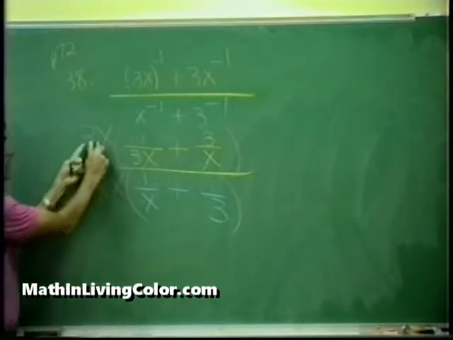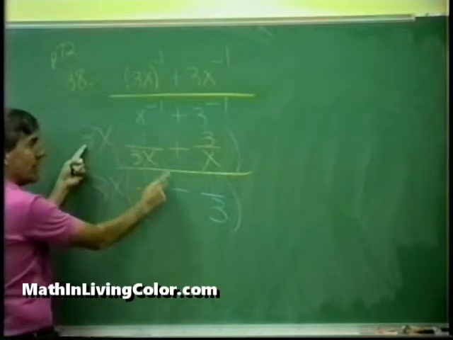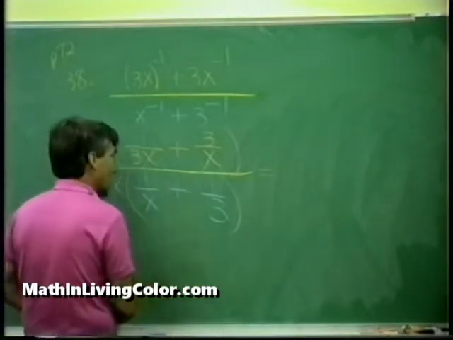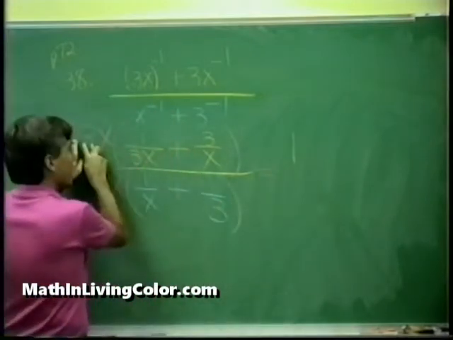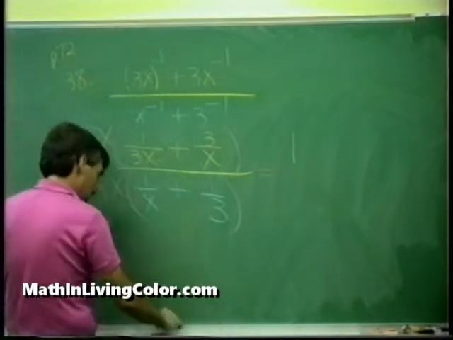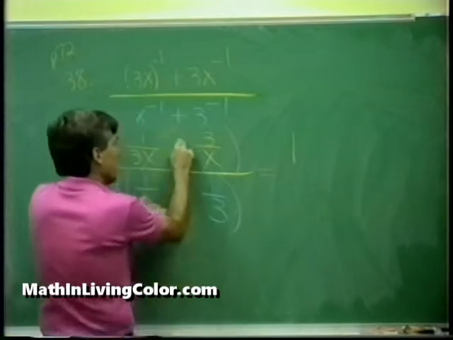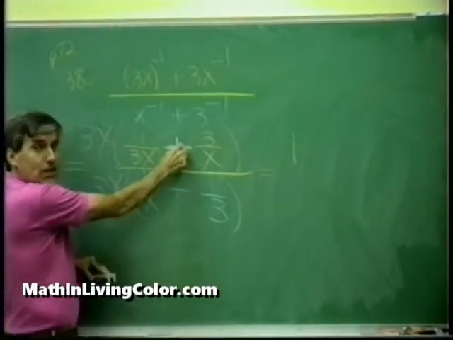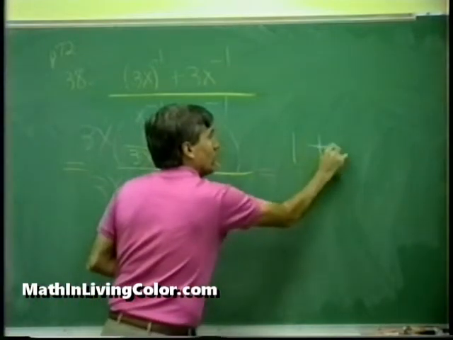What's the numerator going to be? 3x times 1 over 3x would be 1. Okay, so we got a 1 for the numerator. And then there's a plus sign right here. See this plus sign? I'm going to do that in a goofy color, purple. That plus sign's going to go right here.